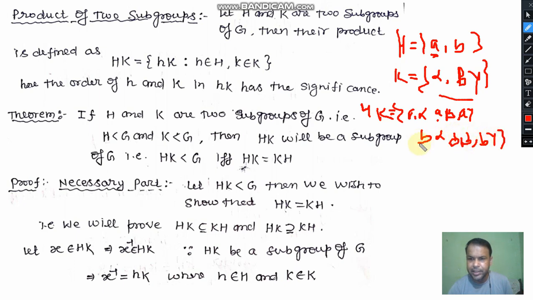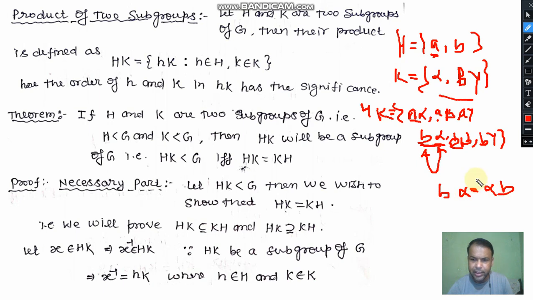You can write these elements at any place in this product. It means in this bracket you can write a alpha first, or b alpha first and a alpha last. You can write these elements anywhere, because in a set, elements can be written in any order. But you cannot change the order of these two elements. It means b alpha will not necessarily be equal to alpha b.